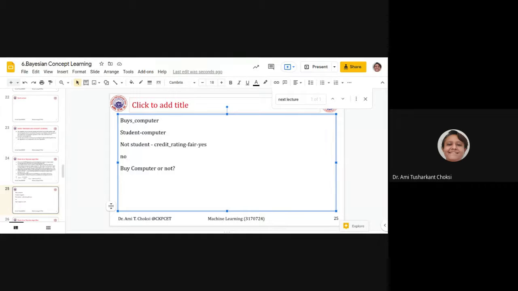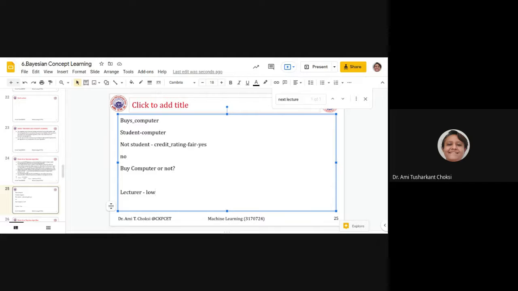We want to know that if a person is, say, a lecturer, and that person's credit rating is low, then will that person buy a computer?